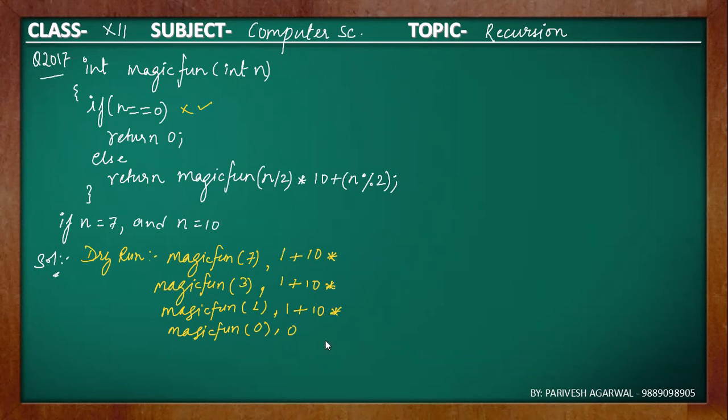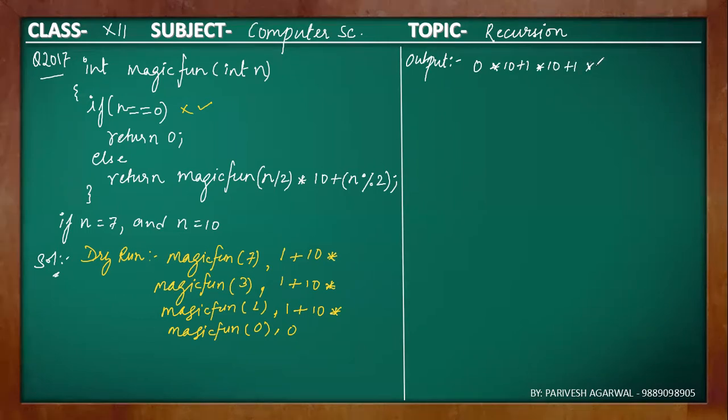Now by the LIFO concept, let's see what will be the output. In the reverse order: 0 multiply 10 plus 1, multiply 10 plus 1, multiply 10 plus 1.